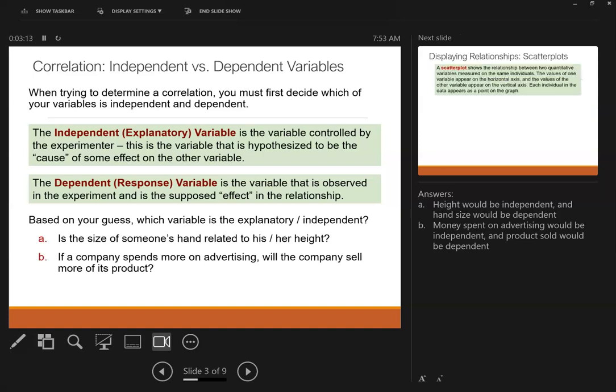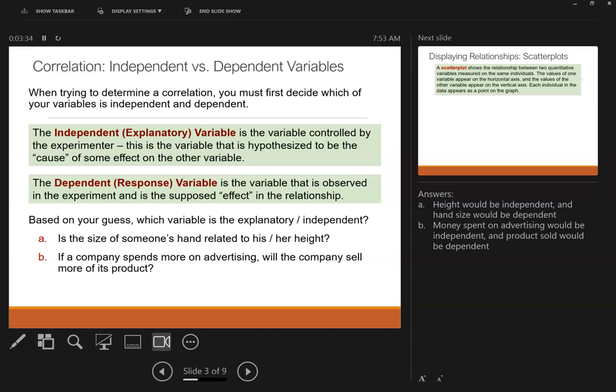Okay, just as a little concept check, we have the size of someone's hand related to their height. So the two variables are their height and the size of their hand. Which one do you think is the independent variable?